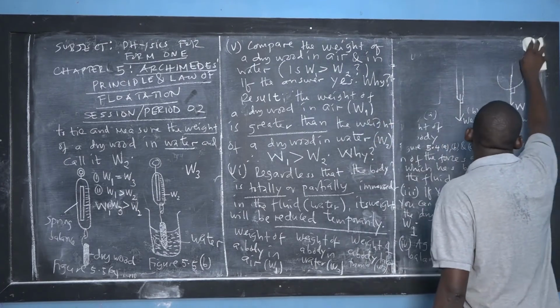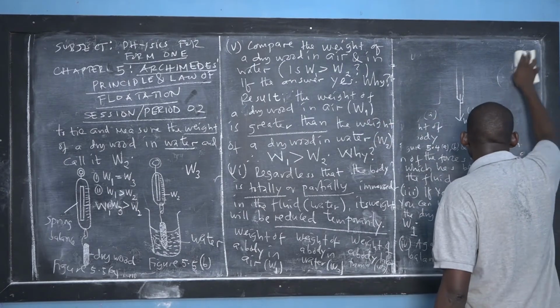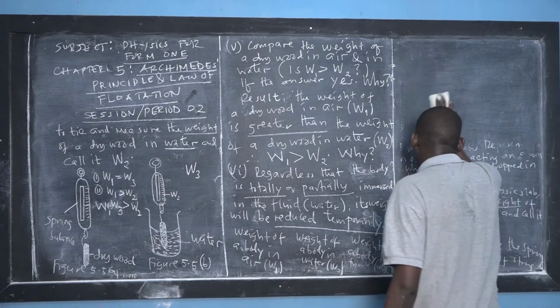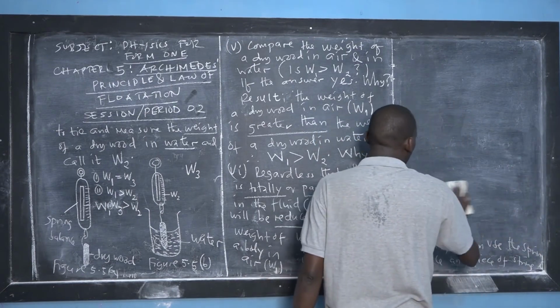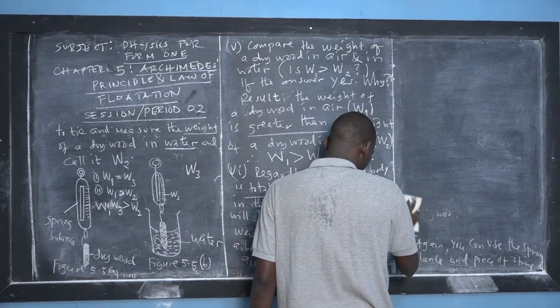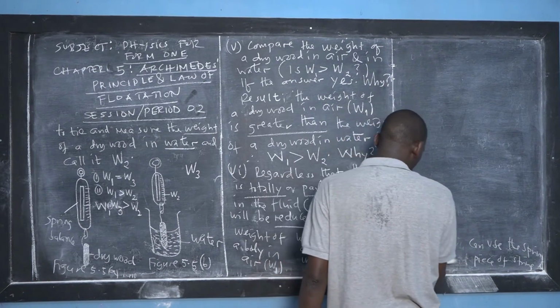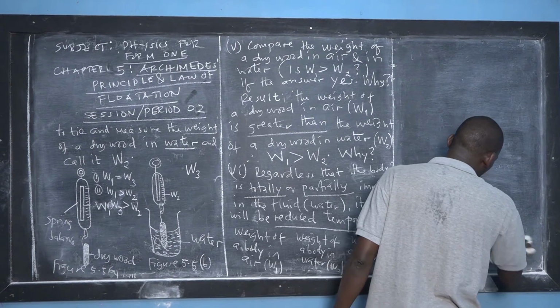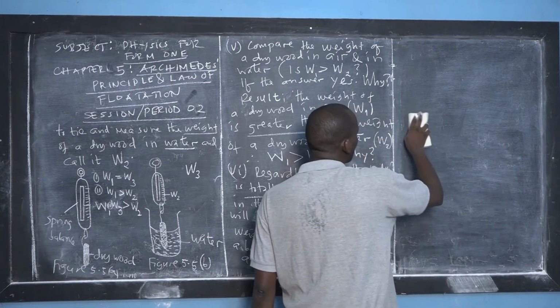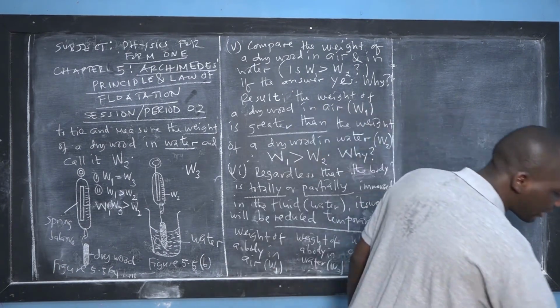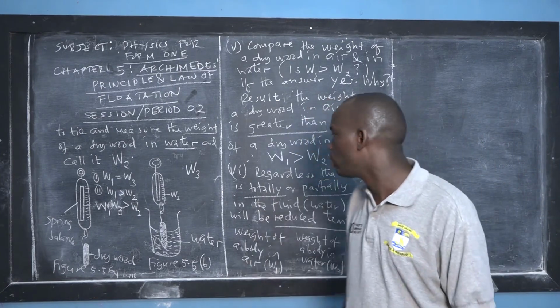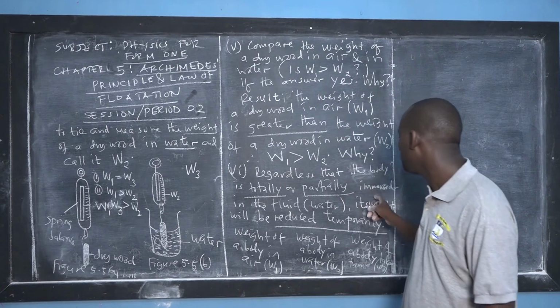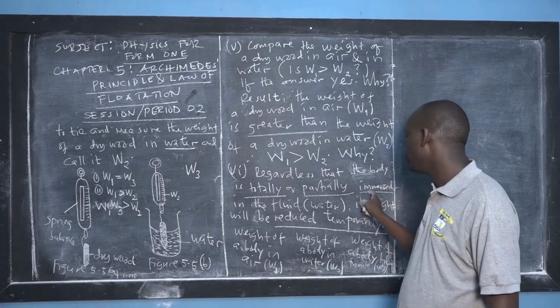Again, from lecture 1 or from the first session of Archimedes' principle, you had 2 new vocabularies in your life of physics, which are very relevant for you to understand. These 2 terms are totally immersed and partially immersed.